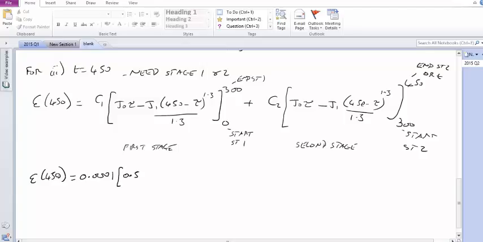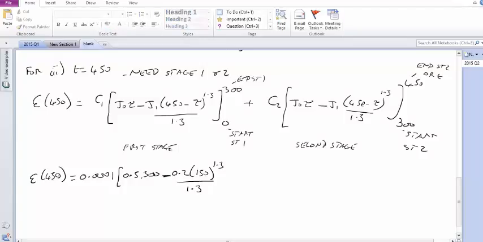We do this to the first limit first, 300, so 0.5 times 300, minus J1, which is 0.2, 450 minus 300 will be 150 to the 1.3 divided by 1.3. We then have the sorry, I've left a positive there, that should be minus.